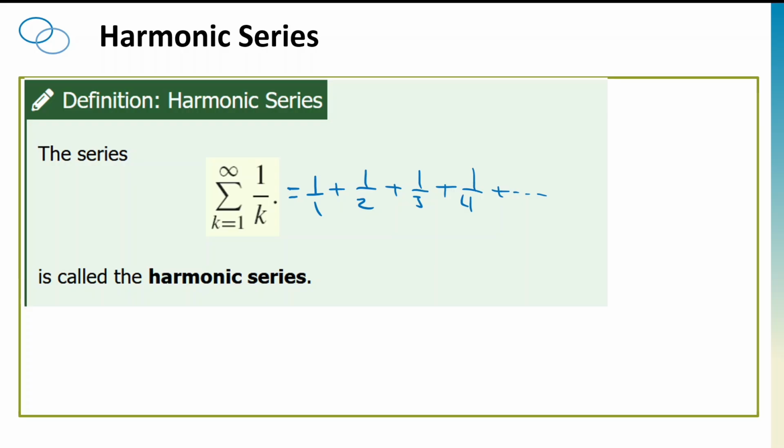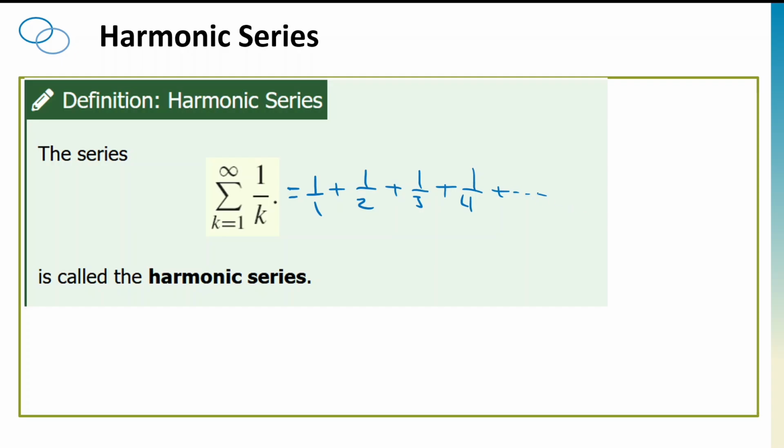Now, is this series convergent or divergent? There are many different proofs that it's divergent, and we'll show in a bit that this is divergent. But the interesting part about the harmonic series is that it's divergent, but they call it slowly divergent. Maybe you think the numbers are getting smaller, every time you add a smaller number.